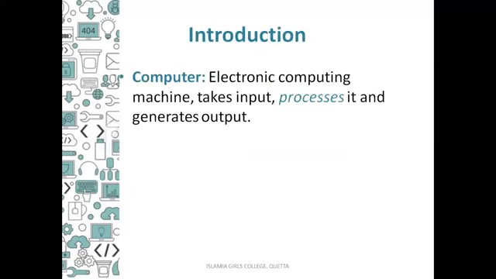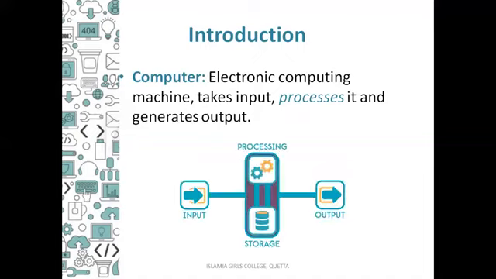Let's begin with the introduction. You may recall that a computer is an electronic computing machine and it takes the input, processes it, and then generates the output. You have studied this in the first year. This is the basic definition of a computer. Now I want to ask you a question.